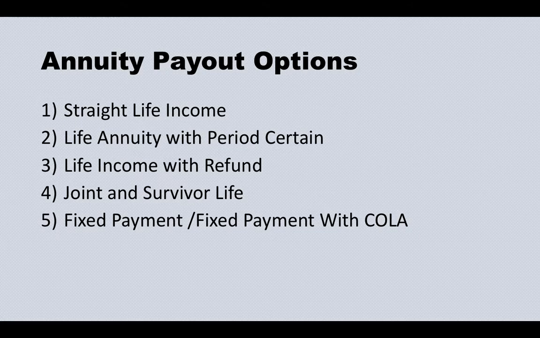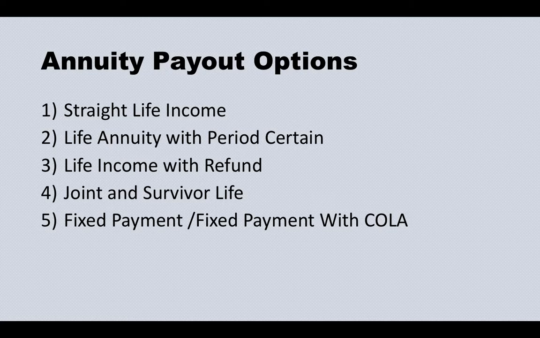That's a very good deal. Then life annuity with a period certain. Say on a $1 million policy, we guarantee you $80,000 per year for 10 years. If you die within the 10 years, we pay the rest of the 10 years' balance to your beneficiary. However, if you don't die, you'll get $80,000 per year for the rest of your life.